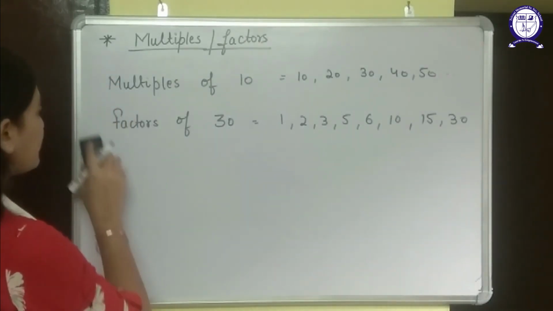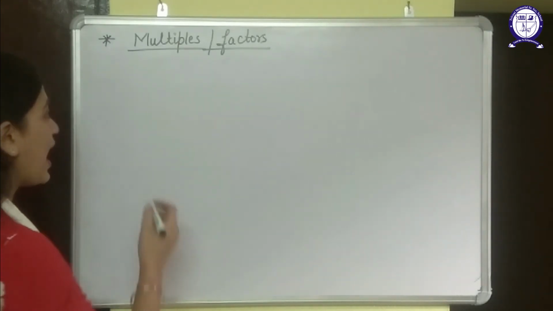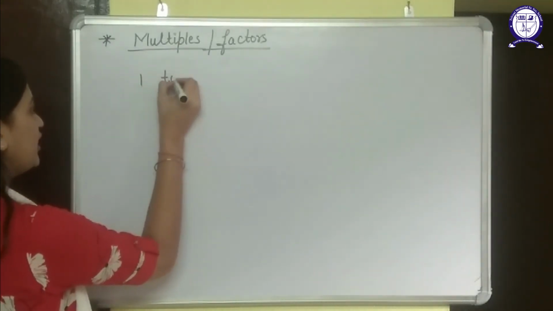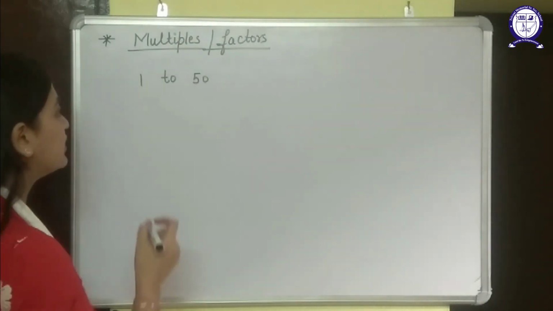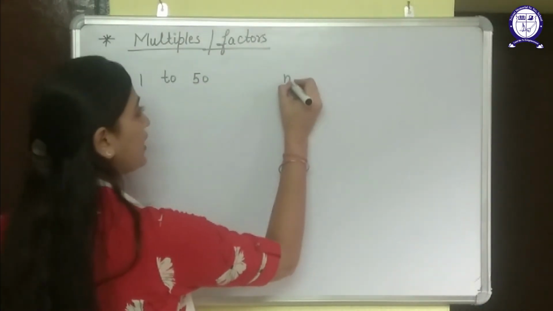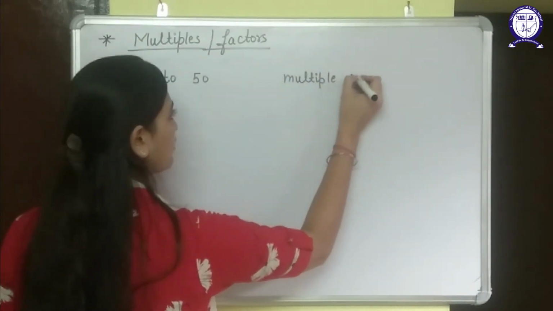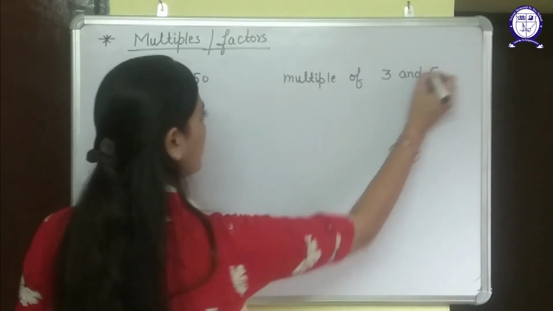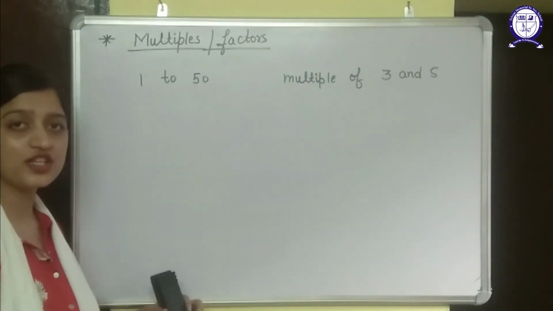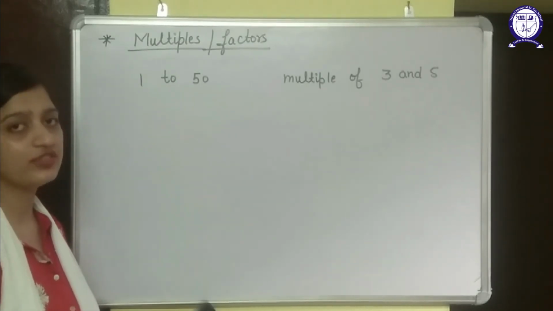Suppose I have a question that I have numbers from 1 to 50 and I have to take the numbers which are multiples of 3 and 5.